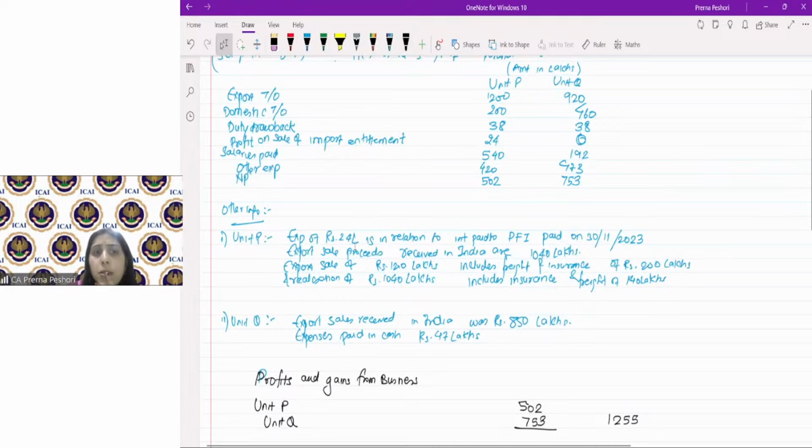Now, what information is given to me? There are certain disallowances given. Here it is given that expenditure of 24 lakh is in relation to interest paid to a public financial institution paid on 30th November 2023.